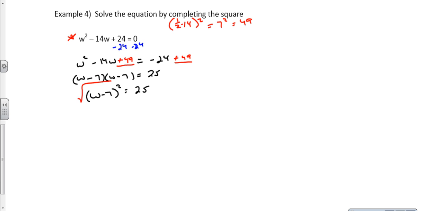Now when I square root both sides, I will get w minus 7 equals plus or minus 5. I have to add 7.